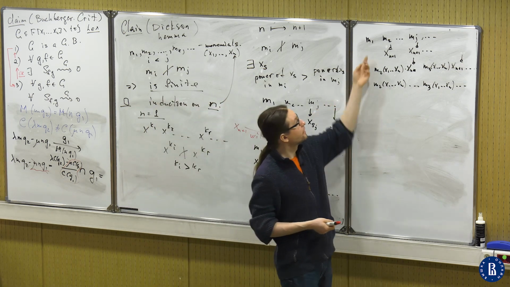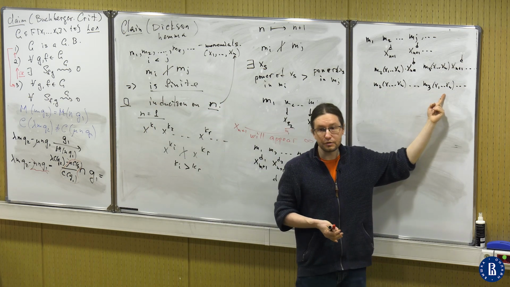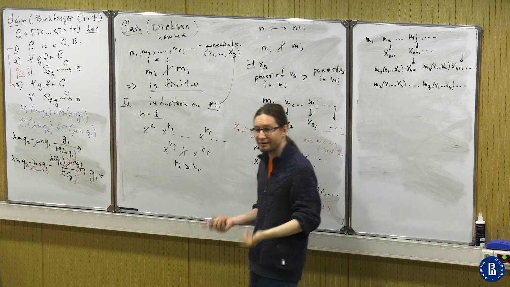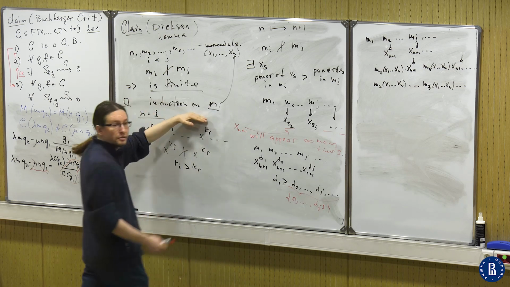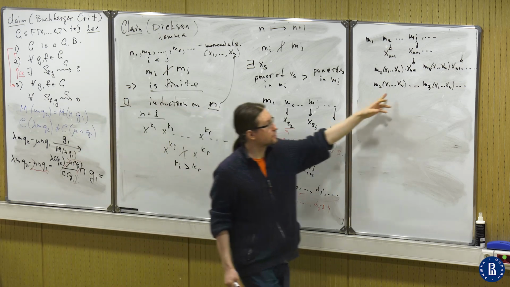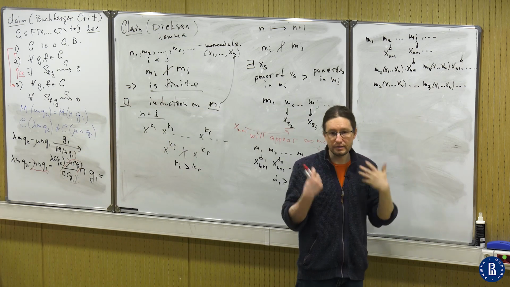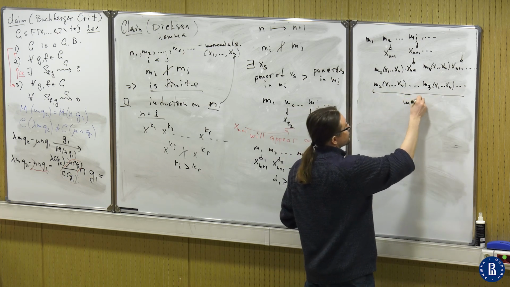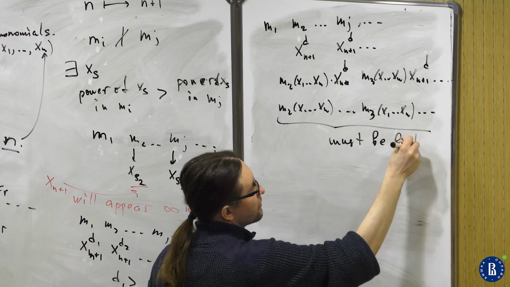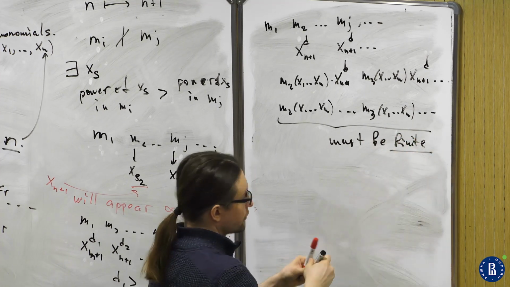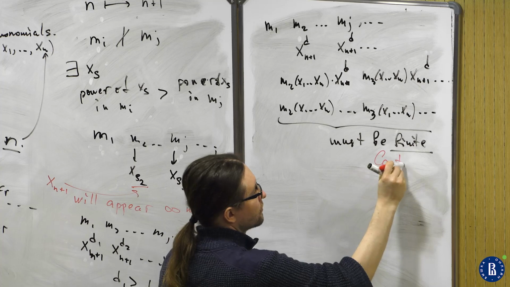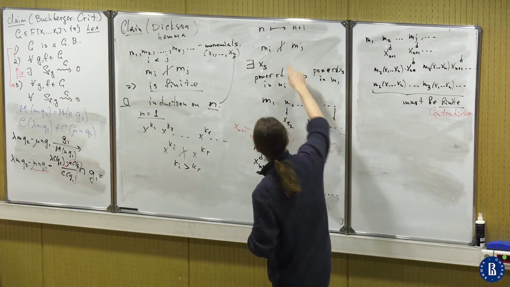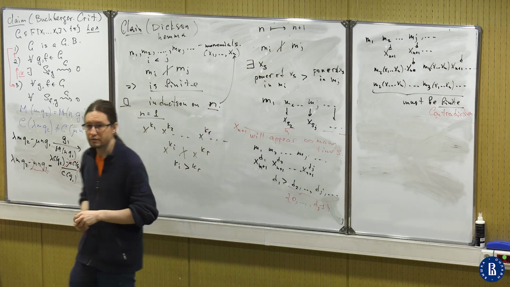So this sequence is also an infinite sequence of monomials, but depending on smaller amount of variables. And by induction, this sequence must be finite, and this is a contradiction with the assumption that the sequence was infinite.